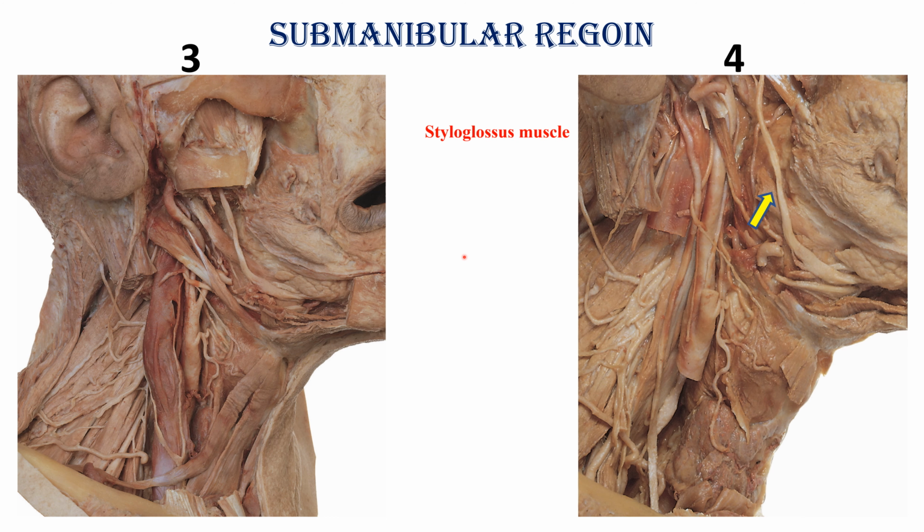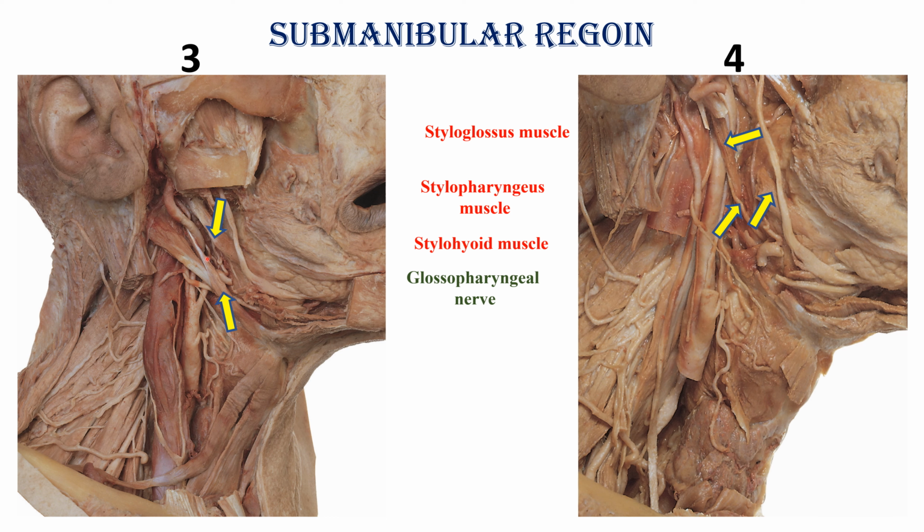Now you can see the styloglossus muscle here, which comes on the surface of the hyoglossus. That is the hyoglossus muscle here, where the lingual nerve is superficial to it. The stylopharyngeus muscle, which is the deepest muscle here, and the stylohyoid muscle, which is almost above the posterior belly of digastric.